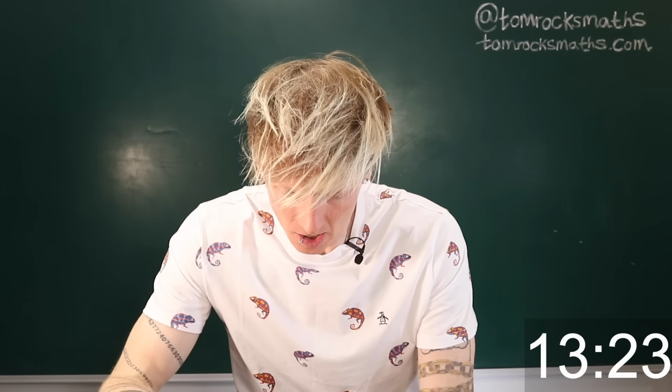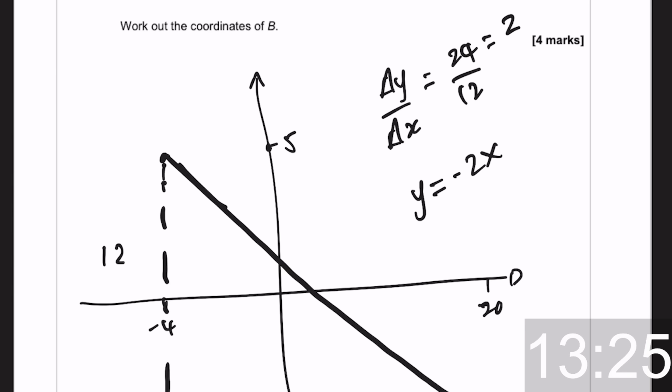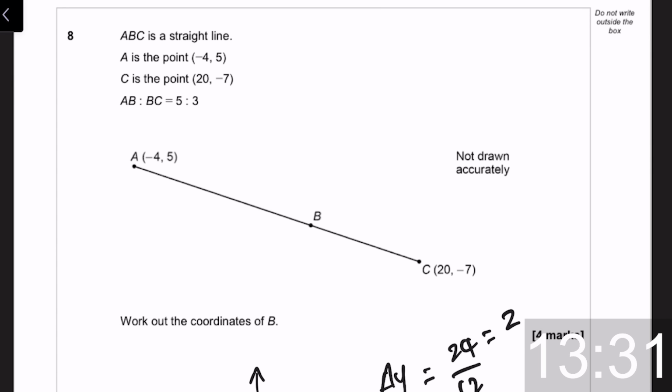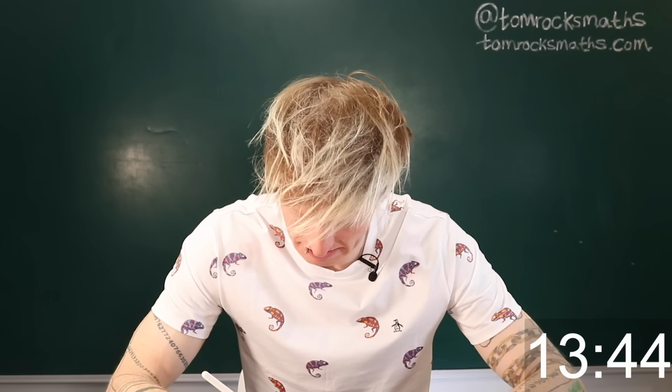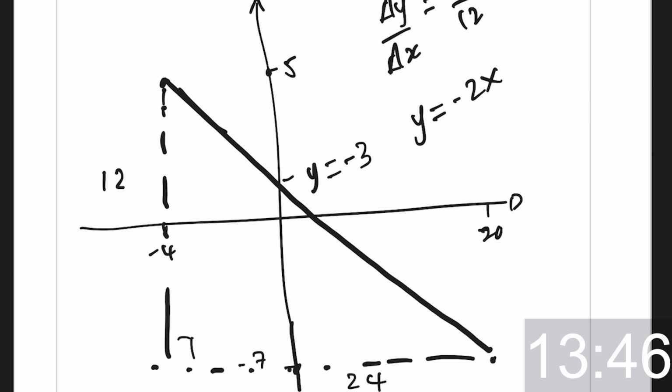Intercept, when x is 0, I don't know, but I've got two simultaneous equations. Right, so I know that 5 must equal minus 2 times minus 4, so 8 plus c, so c should be minus 3. Very bad sketch, because that's y equals minus 3.